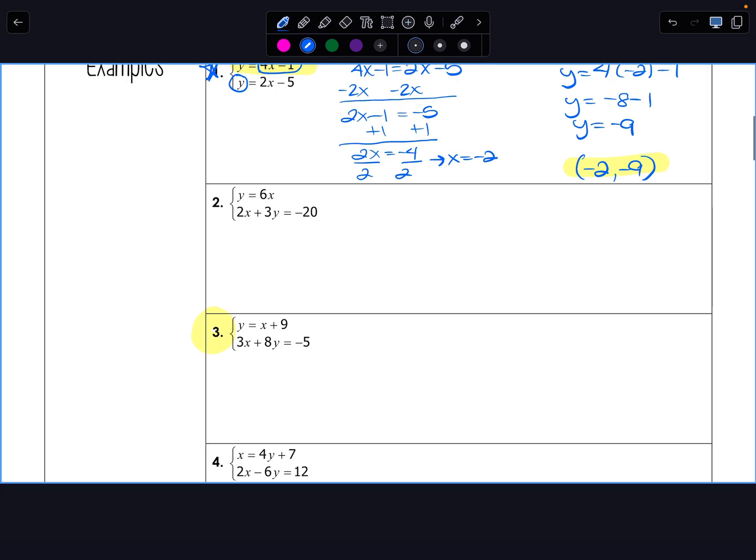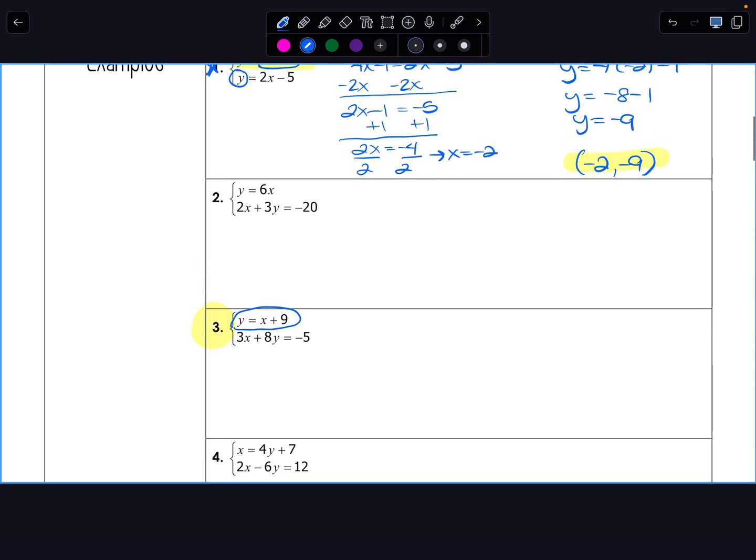Okay. So I have already y equals x plus 9. And I'm going to put that into my second equation. Why is it not writing?